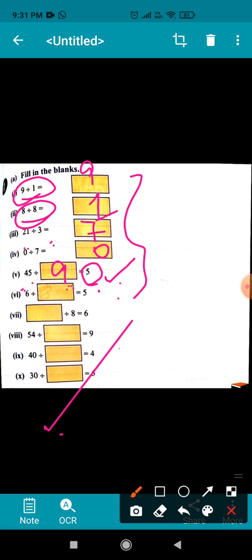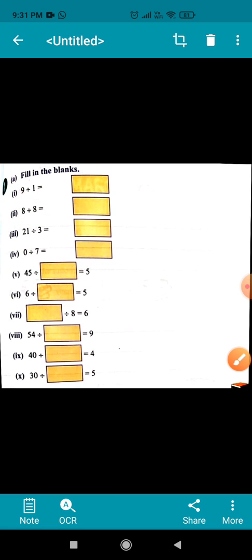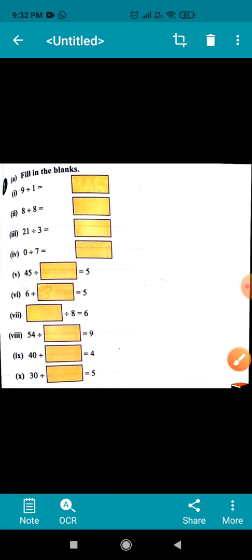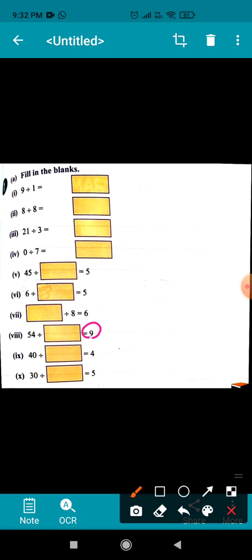Now look here. This question is given wrong, so leave this question. Now here, how many times do you read the table of 6 to get this number? 6 eights are 48 or 8 sixes are 48. Okay. Now here the 9's table, how many times do you read? The 9's table 6 times you read to get 54, or you can say the 6 table we read 9 times to get 54.